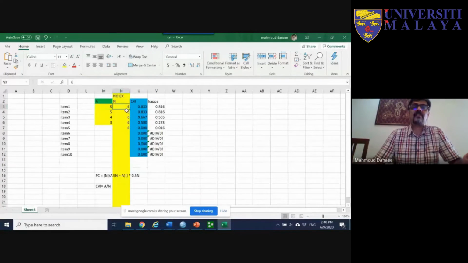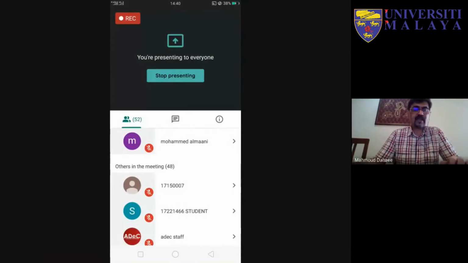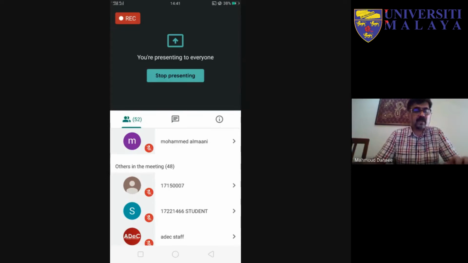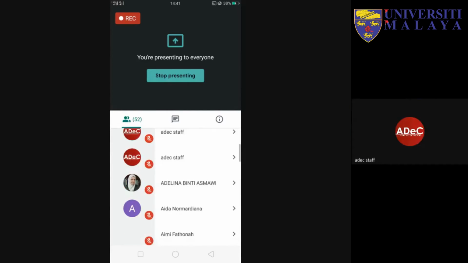For example, for the first item, out of 6 experts, 5 experts agreed. And then automatically, as you can see here, the CVI and Kappa will be calculated. If I change it, for example, to 4, the Kappa and CVI will change automatically. So you don't need to calculate.